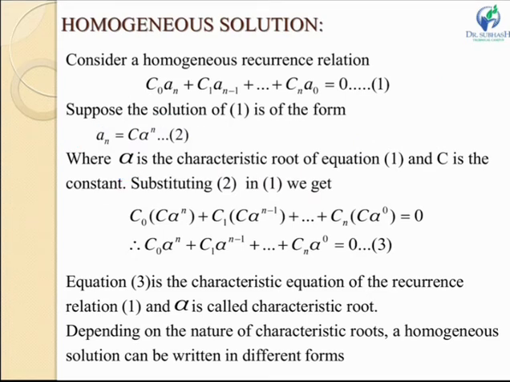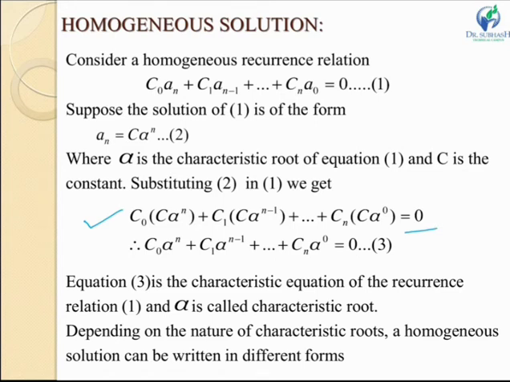So what I will do is put this solution in the above equation 1 in place of a(n), a(n-1) and so on, and I will also replace n respectively. So I will get c0 c alpha raised to n, c1 into c alpha raised to n minus 1 and so on.